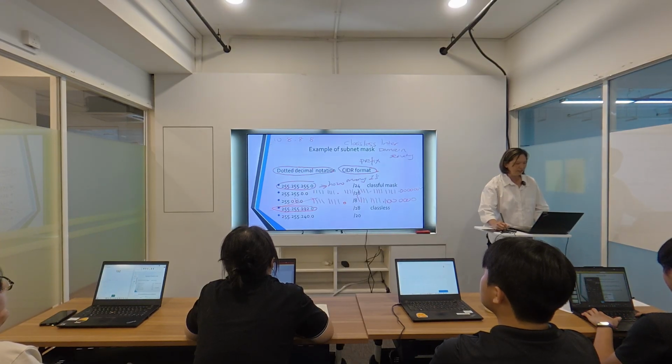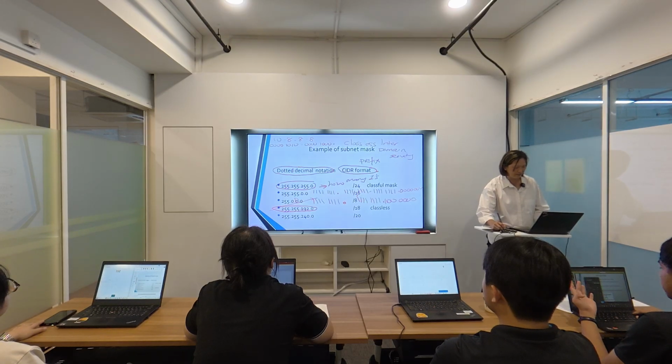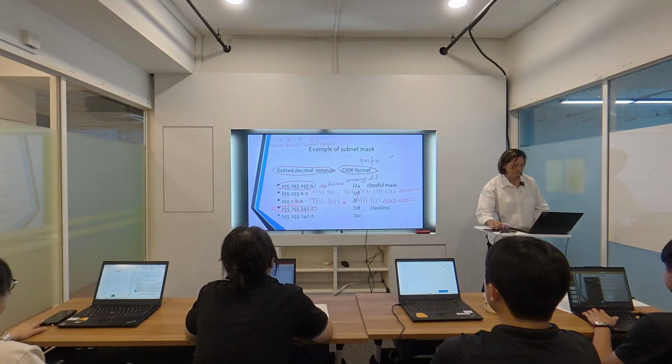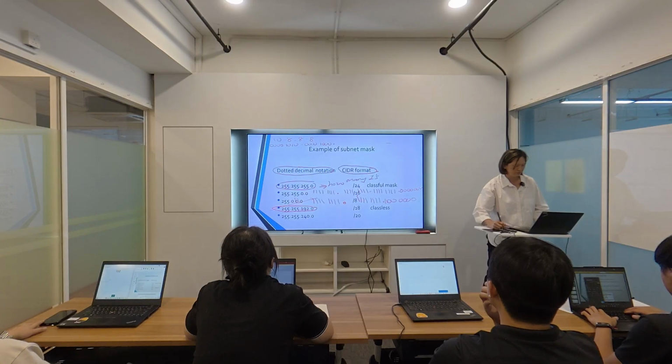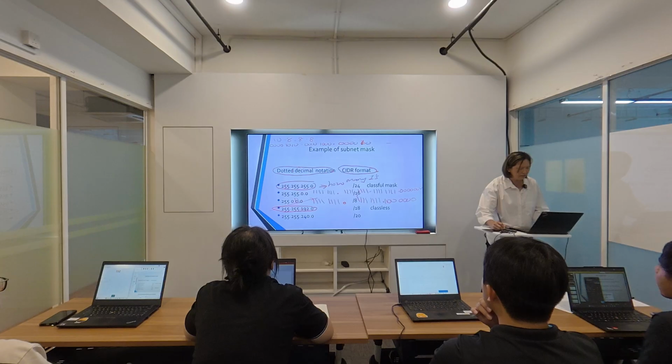If I change this to binary, the first octet 10 is 00001010, and 8 is 00001000, then another 00001000, and another 8.